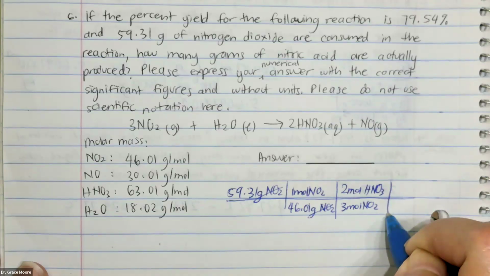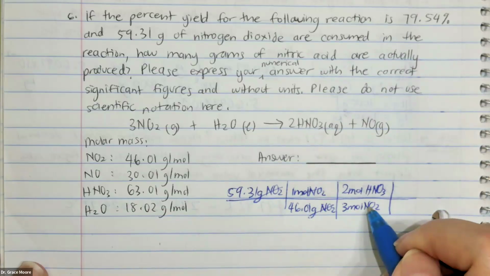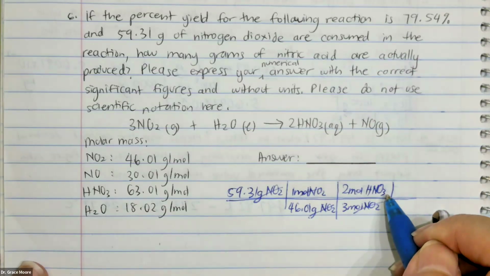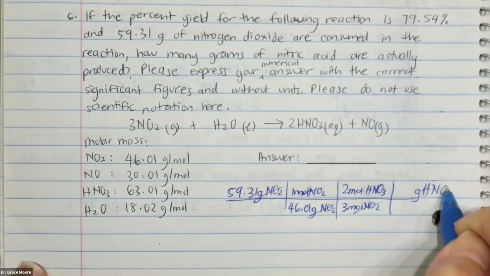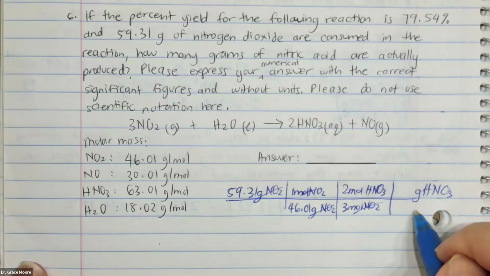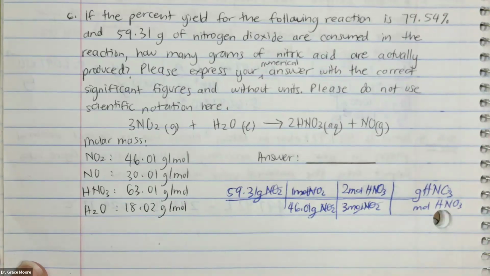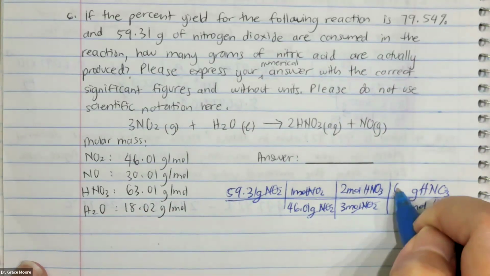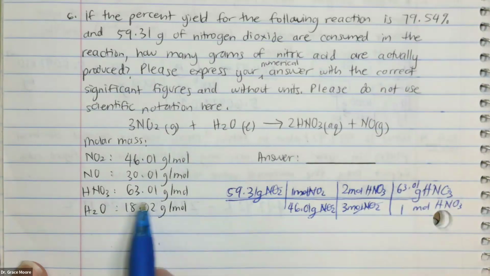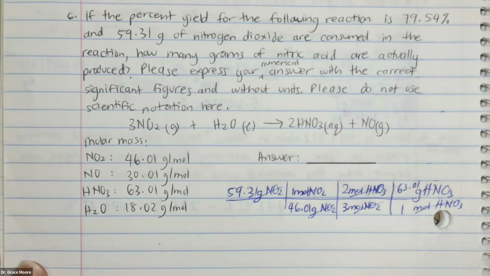Why did I put nitric acid on top? Because I'm trying to change away from moles of NO2 and get to moles of nitric acid. And then after that, I want to turn it to grams of nitric acid. So grams will go on top, moles will cancel off by going on the bottom. You multiply with the stuff on top, you divide with the numbers on the bottom. So 1 mole of nitric acid weighs 63.01 grams. I cancel my moles and get my answer in grams.